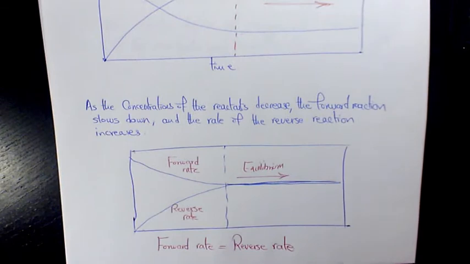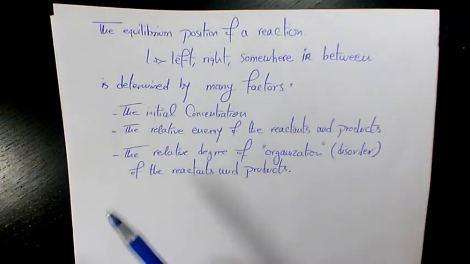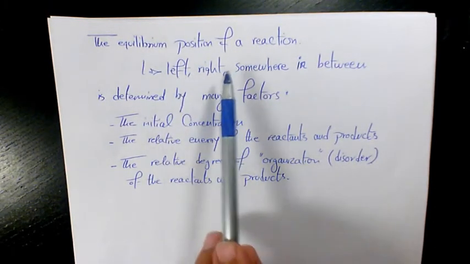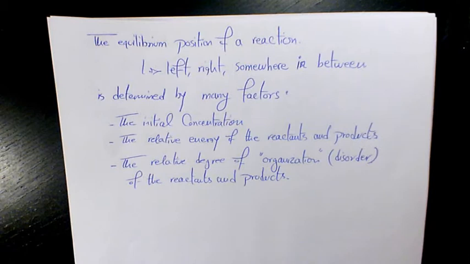So the forward rate equals the reverse rate. The equilibrium position of the reaction can be on the left, on the right, or somewhere in between, depending on many factors. It depends on initial concentration, initial relative energy of reactants and products, and the relative degree of organization or disorder of reactants and products.